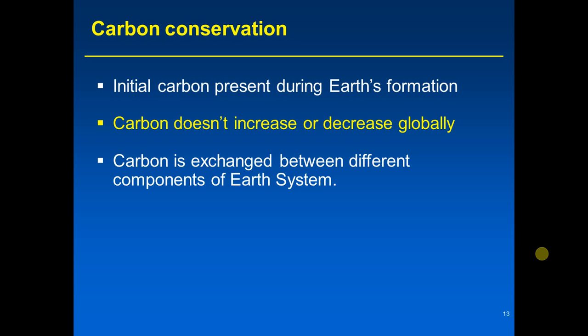What's happened is more of that carbon in the solid Earth, in fossil fuels like coal, oil, natural gas, has been extracted from the solid Earth or geosphere, burned, and released to the atmosphere. Just from fossil fuel burning alone, there's less carbon in the solid Earth now and more in the atmosphere, but that's not to say that the overall amount for the planet has changed.